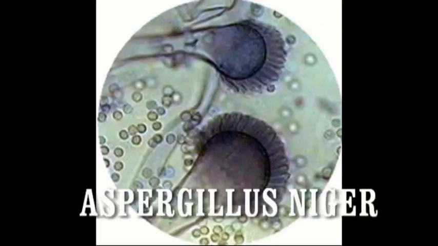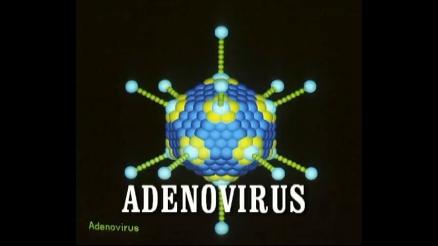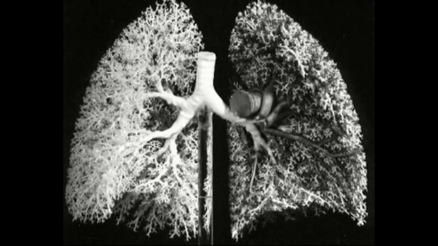Algae example is Chlamydomonas and fungi example is Aspergillus niger. Protozoan example is Entamoeba histolytica, and lastly examples of viruses are rhabdovirus and adenovirus. Rhabdovirus is the causative agent of the disease rabies, and adenovirus mostly causes respiratory tract infections. Are you all clear about the concept of microorganisms and their examples?